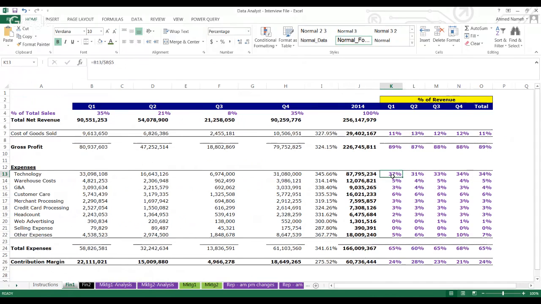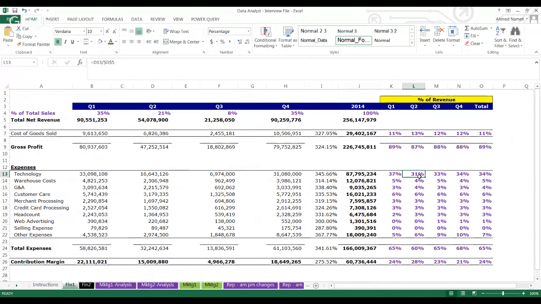With technology being the largest line item within the expense category, changes to that alone will impact the contribution margin percentage. As you can see, between Q1 and Q2, the drop from 37% to 31% resulted in an increase of the contribution margin from 24% to 28%.